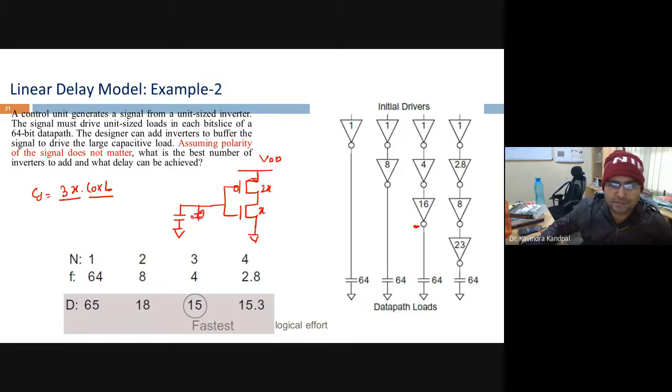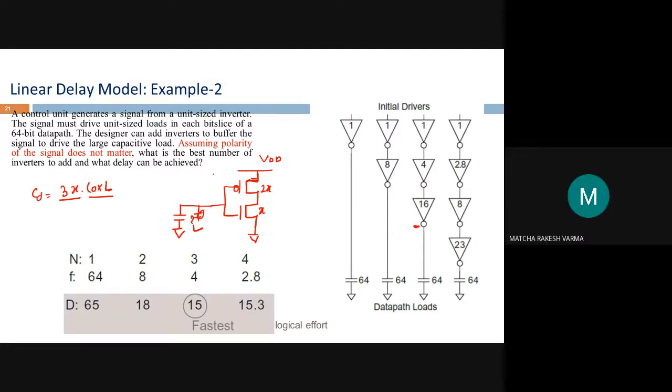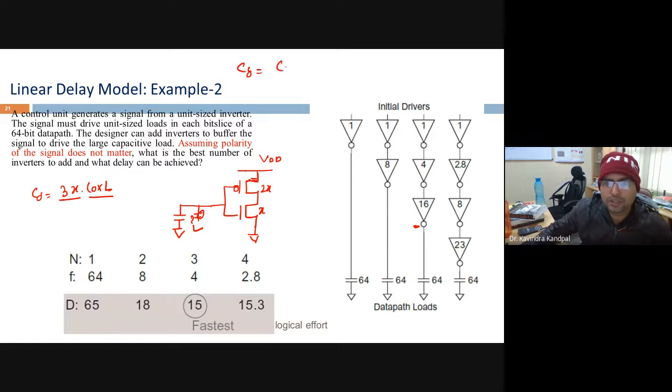Cg happens to be COX into W into L. Width here is 2X, here it is X, so 2X plus X happens to be 3X. That is supposed to be, let's say, 16 units, and let's say your unit is picofarad, 16 picofarad. Now let us suppose COX into L comes out to be 1 picofarad per micrometer.